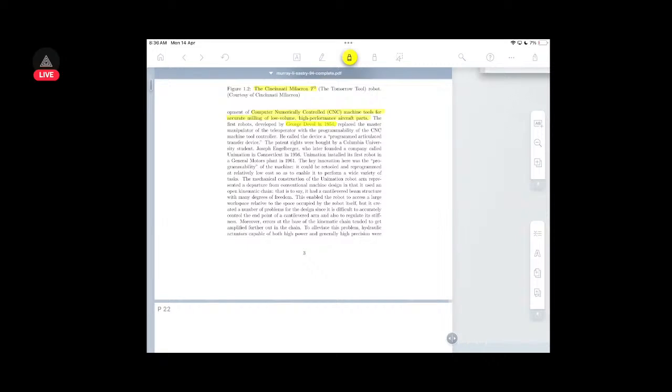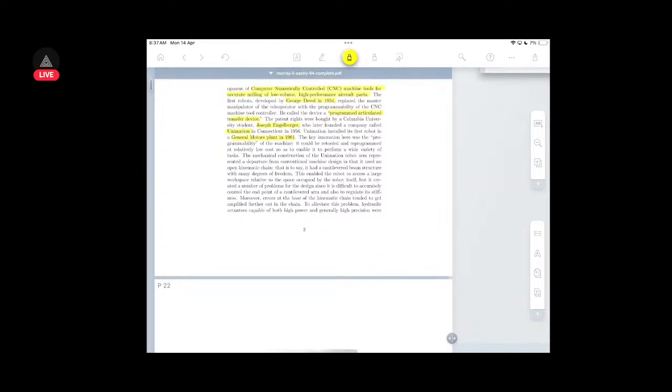George Devol made the first one. Joseph Engelberger founded Unimation and installed its first robot in a General Motors plant at this time.